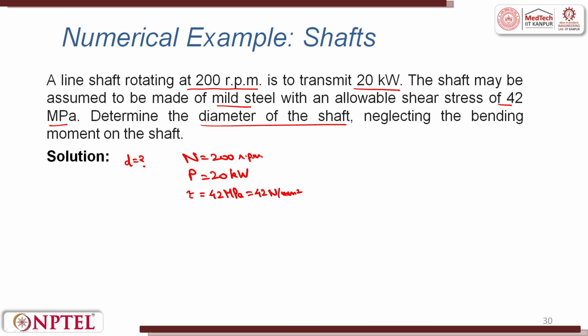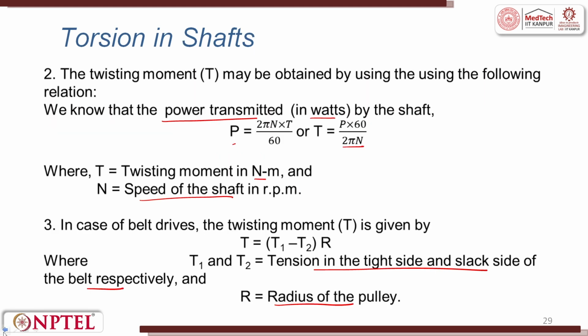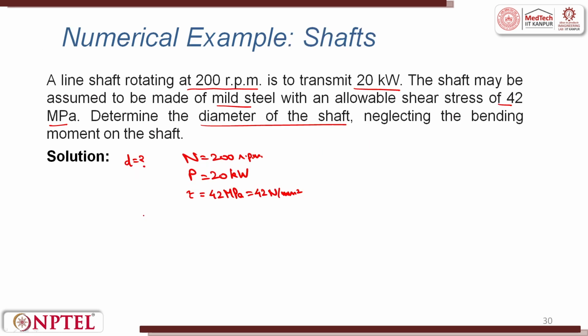So, the torque transmitted by the shaft, which is given in the previous slide, that formula could be used. This is equal to P into 60 by 2 pi N. So I will write it as torque transmitted, T is equal to P into 60 by 2 pi N, where all the units are in the required form.